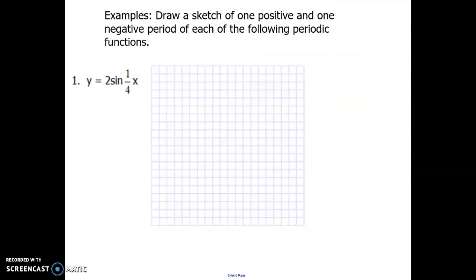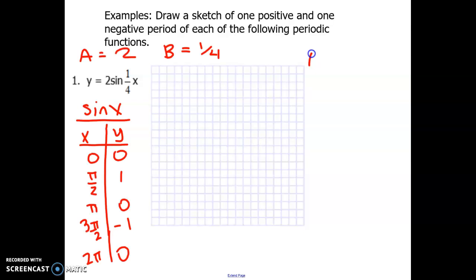All right, let's look at an example. We're going to start by drawing the graph of 2 sine 1/4 x. Before we do this, it would be best to make a table of values of the original function. Let's start by making an original table of values of sine, and we're going to keep this all in radians.